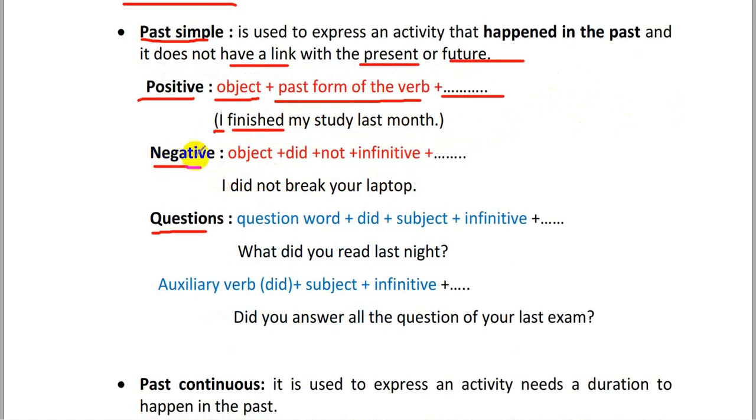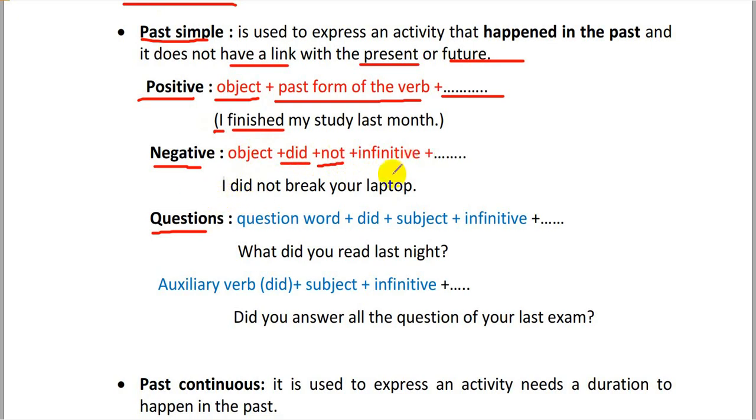Negative. The rule of negative is subject, فاعل, did. We have to use the auxiliary verb did plus not. And we can recognize that if we want to make a negative for any tense, we have to use an auxiliary verb. So subject, did, plus not, plus infinitive.